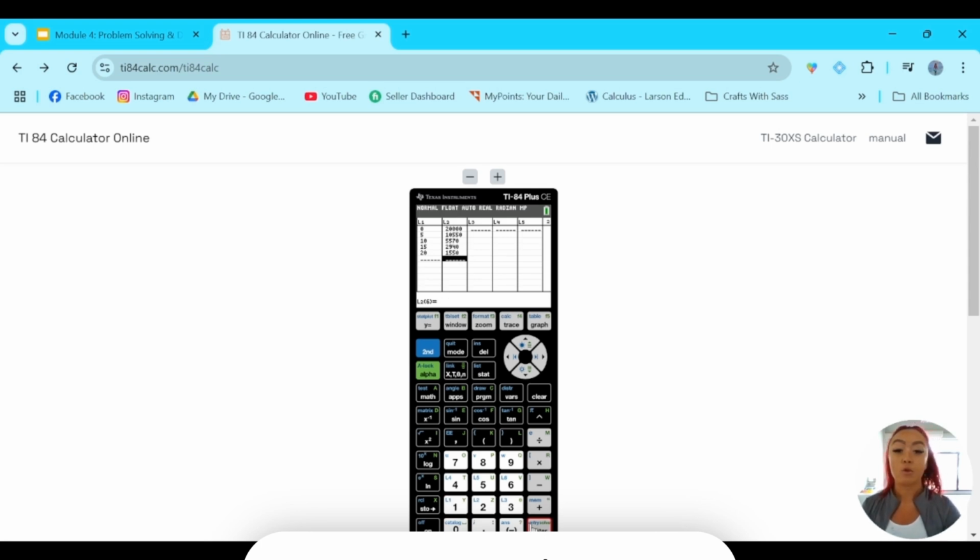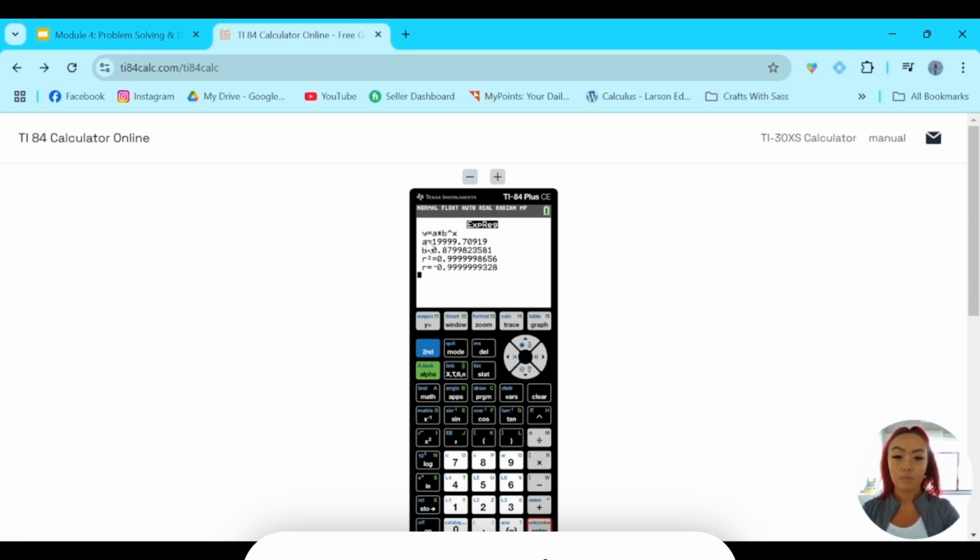Okay. So now we'll go to Stat, Calc. You're going to scroll all the way down until you see choice 0, exponential. Enter, enter, enter, enter, enter, enter. And here you go.